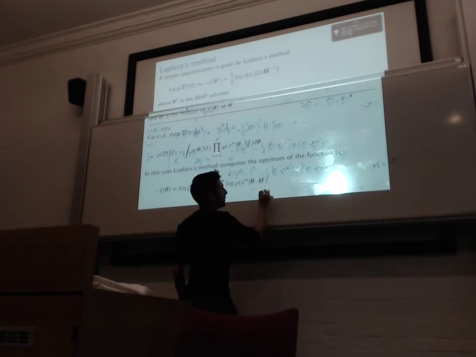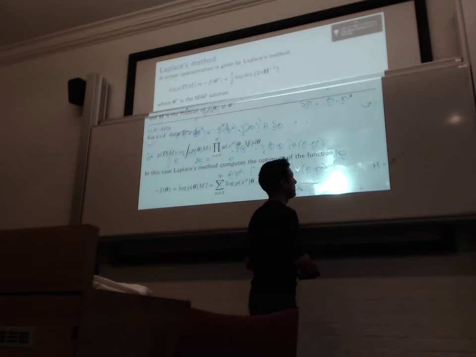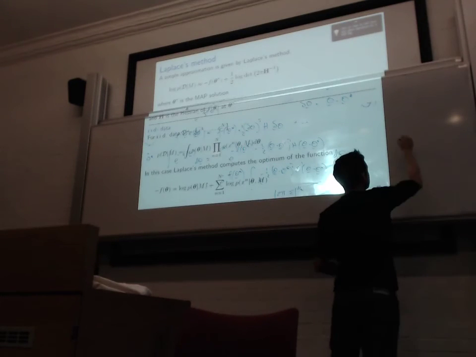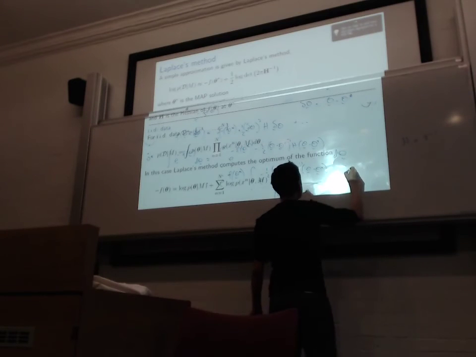I could then divide by the normalization constant of a Gaussian, which is 2 pi times the determinant of the covariance matrix, and then I'll just multiply that over here.